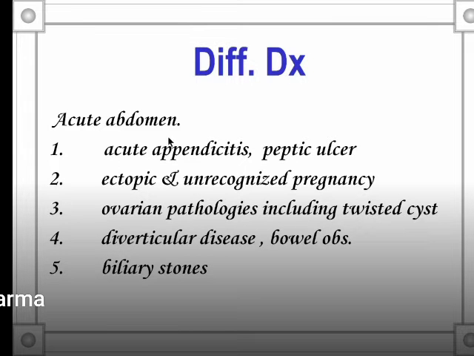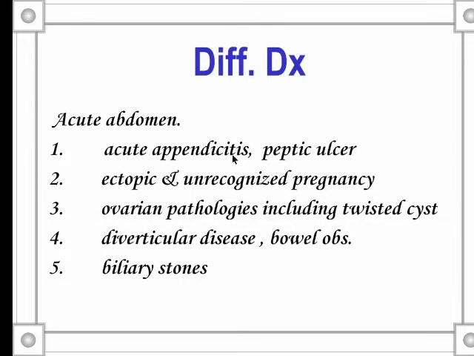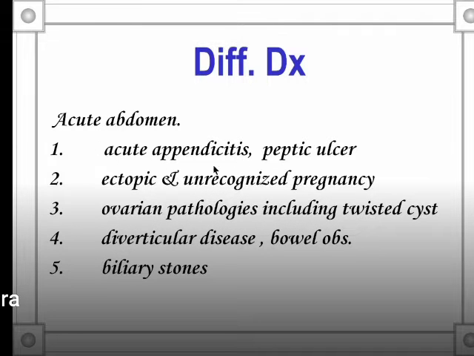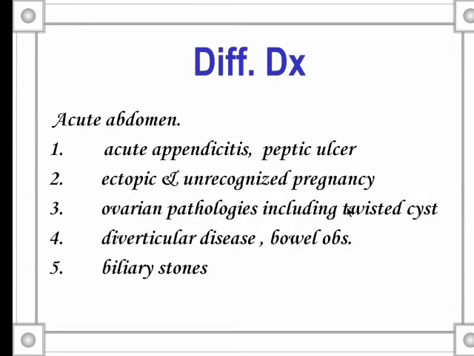You have to differentiate the pain of urinary colic from appendicitis, peptic ulcer pain, then in females ectopic and unrecognized pregnancy. Of course, a twisted ovarian cyst can present similar to appendicitis and urinary colic. Diverticulitis is more common in the West, but still in India it can be there.